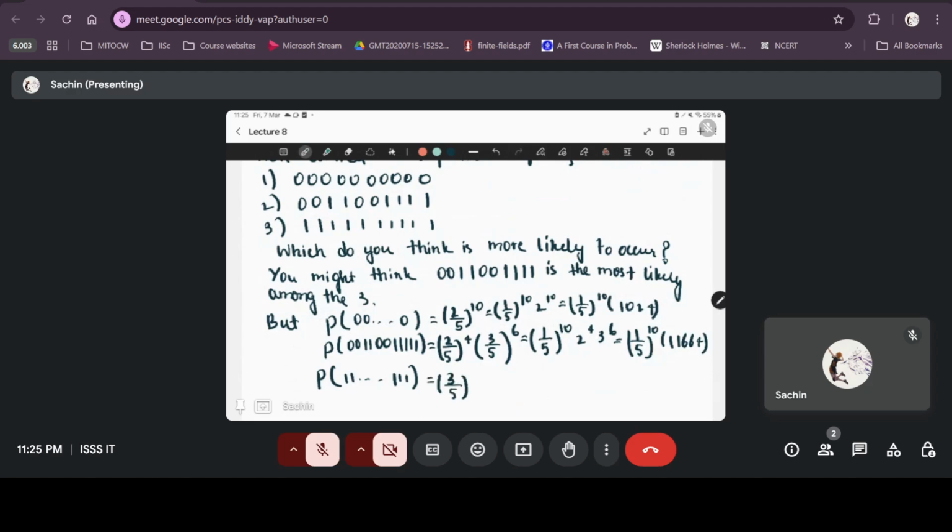Probability of the outcome 1111111111 is (3/5)^10, which is 1 over 5^10 into 3^10, which is 59,049.